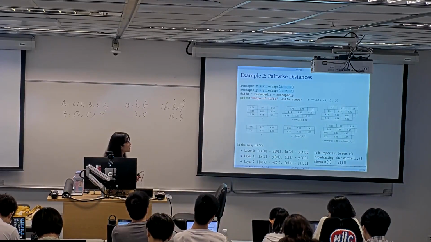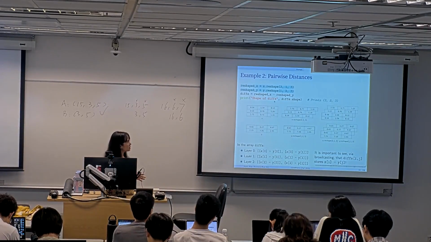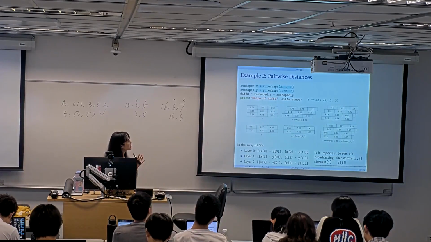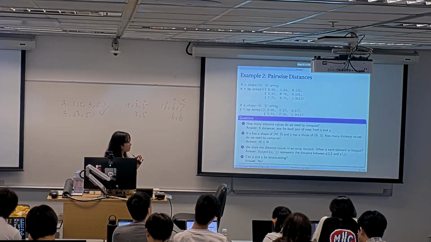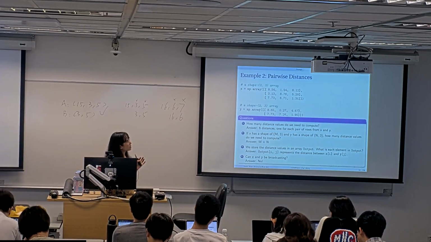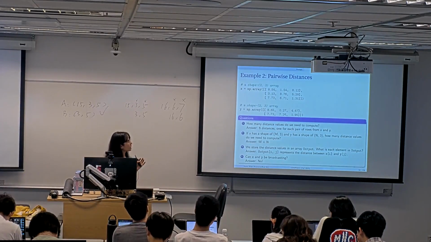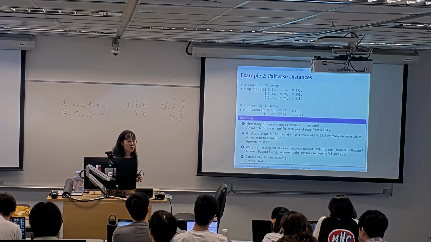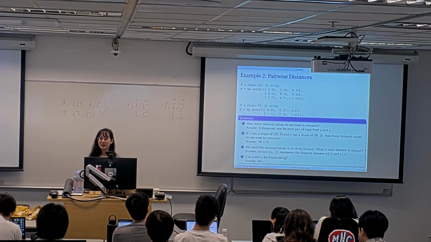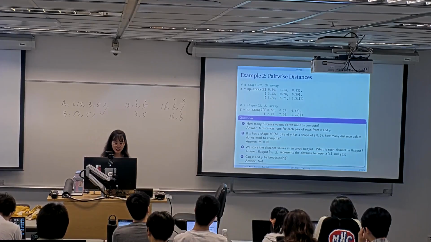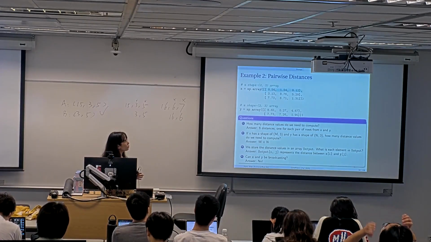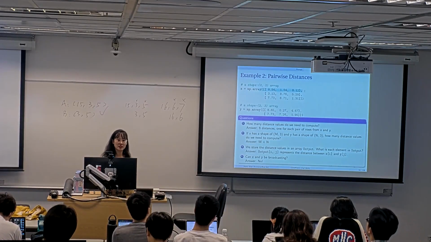But here is some motivation for doing it this way. If we consider the pairwise distance here, x has 3 rows, y has 2 rows. Since now we need to compute the pairwise distance, basically that means each row of x should be used twice.